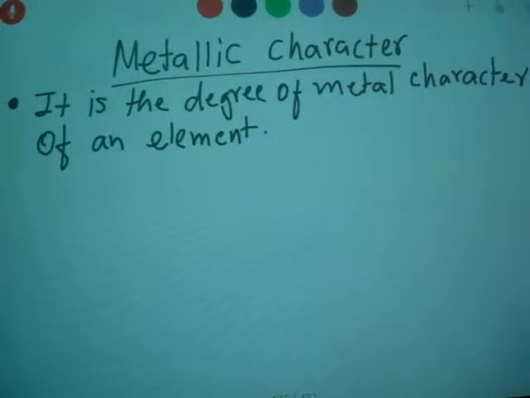Now, when you see in the periodic table, there are, on the left side, more metals and on the right side, non-metals.